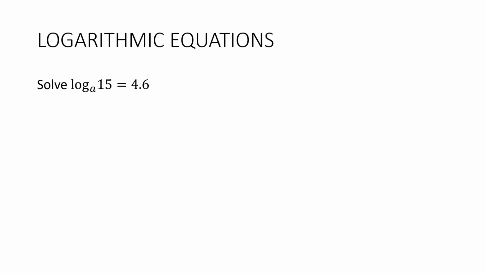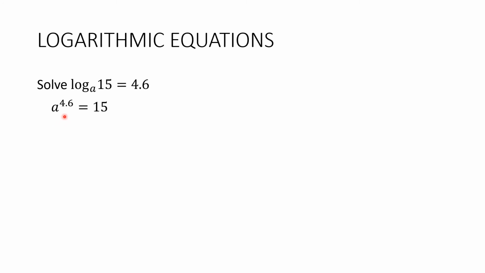Here's the second one. Solve log base A of 15 equals 4.6. Again, we're going to turn this into index form. So I'm going to get A to the power of 4.6 is equal to 15. This one's not quite as easy as the last one, where we had the pronumeral as the argument. Here we've got to get rid of a power of 4.6. Now think of a simpler case.